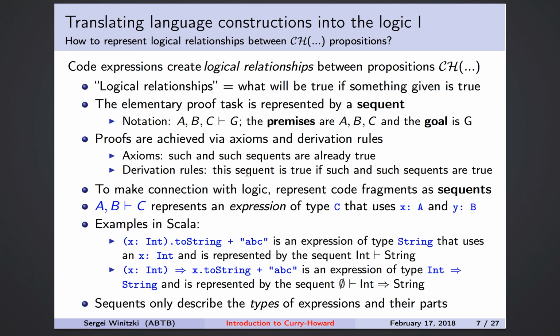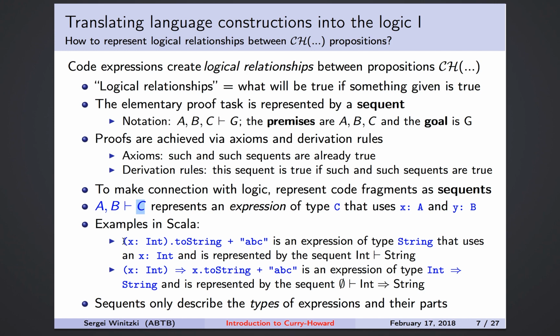How does that work? A sequent like this would represent an expression of type C that uses some variables or parts or expressions of types A and B. So those are assumed as given, and out of those we build a new expression that has type C. Here are some examples using the Scala syntax.